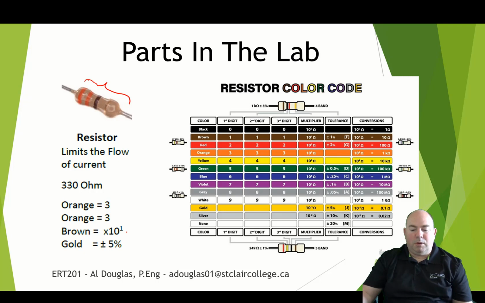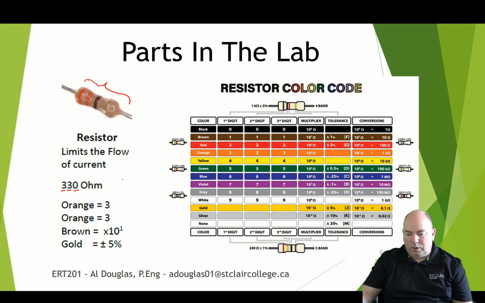So in this case, brown represents 10 to the power of 1, so basically 10. So what this means is we have 3, 3, and then a tens.